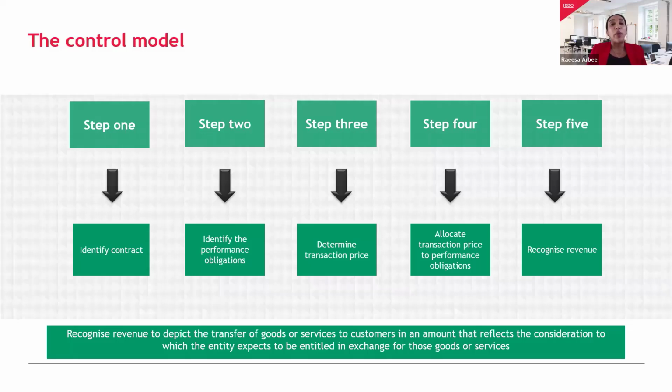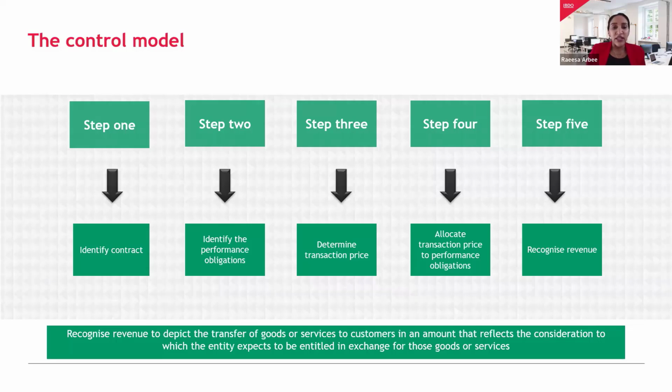So let's have a look at the new 5-step model as it's illustrated on this slide. The first step is to identify the contract with the customer. Now, a contract usually creates enforceable rights and obligations between a vendor and its customer. Once you've identified the contract, then in step 2, you need to identify the performance obligations, which is really just what are the promises that you've made to the customer in the contract.